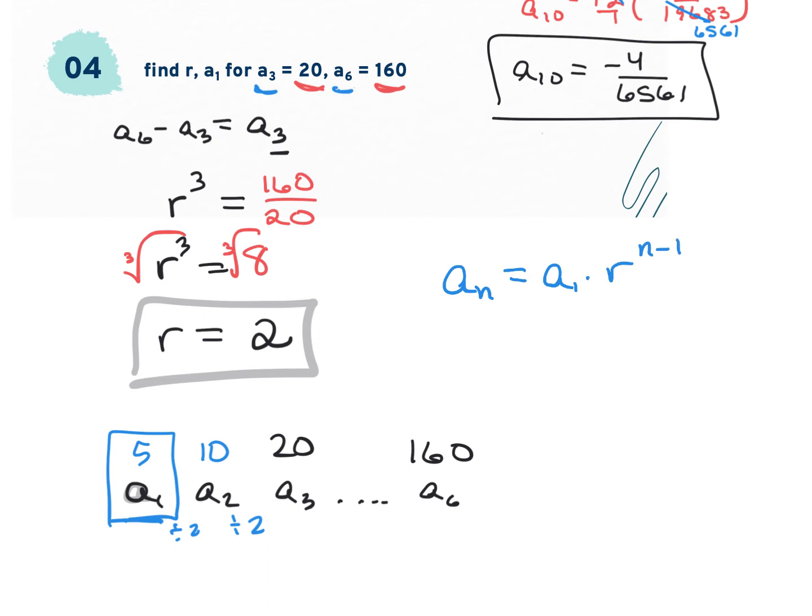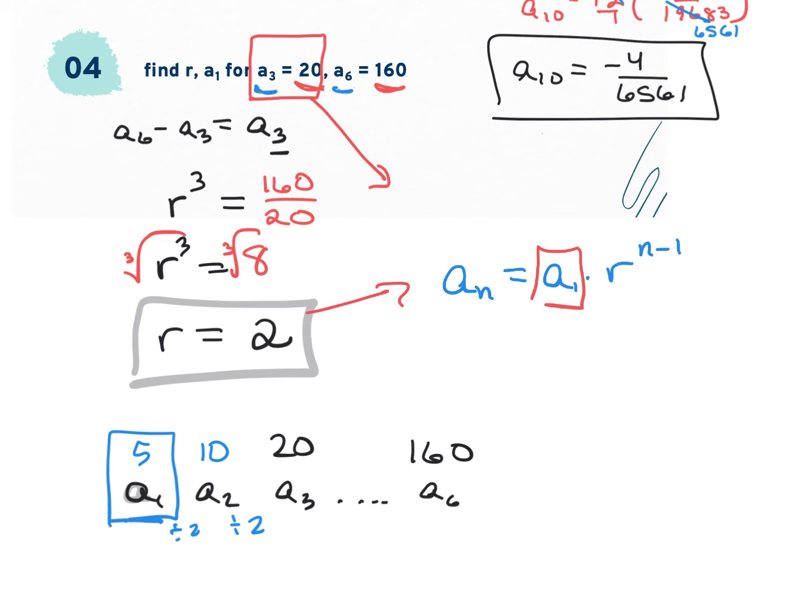My goal here is to solve for the first term, the a sub 1. I'm going to fill in the given information, use this term and plug it in as well as the common ratio, and then I can solve for a sub 1.